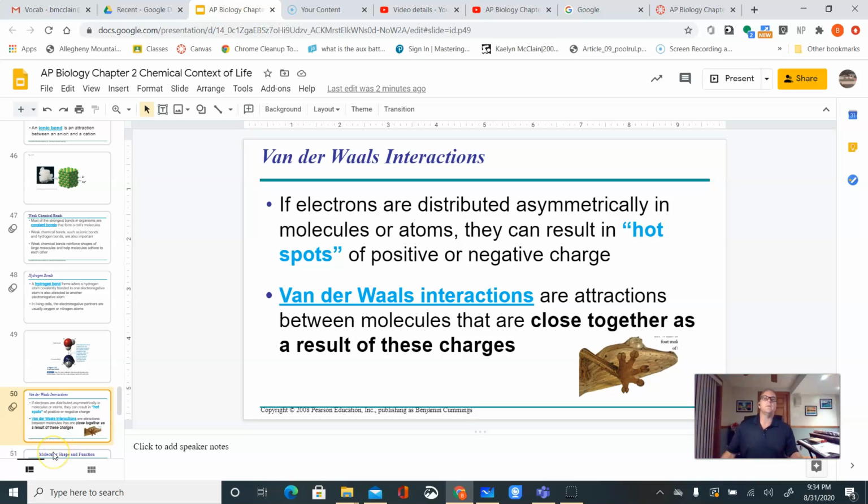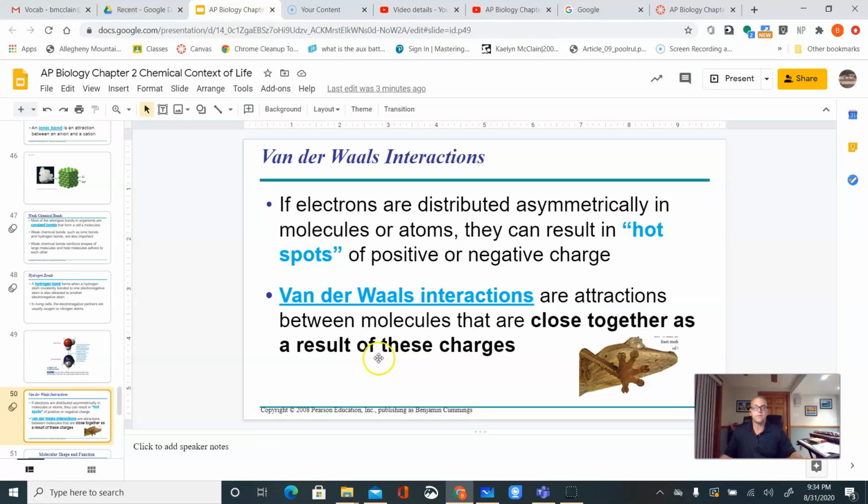We have a couple other types of bonds that are also seen in various interactions and forms of life. One of them is called a van der Waals interaction, and they sometimes talk about hotspots of positive or negative charge. One of the things, this image, why this is on here, it's talking about the interaction where a gecko can actually climb on a certain surface vertically, seemingly against gravity.